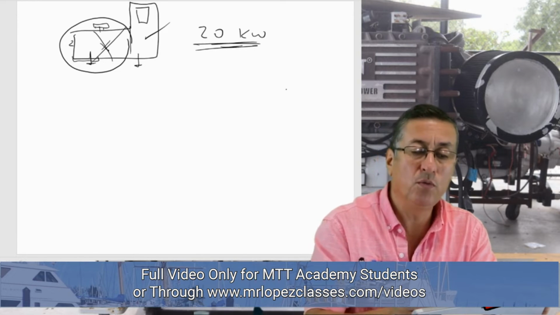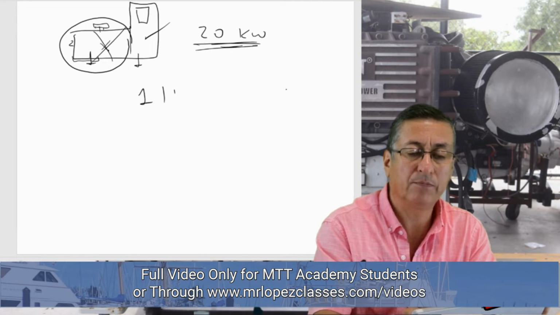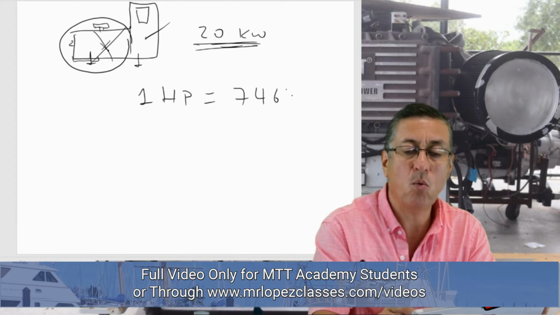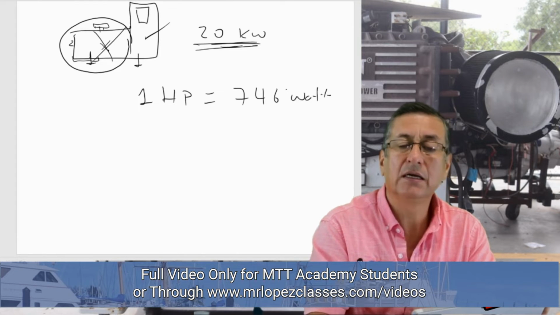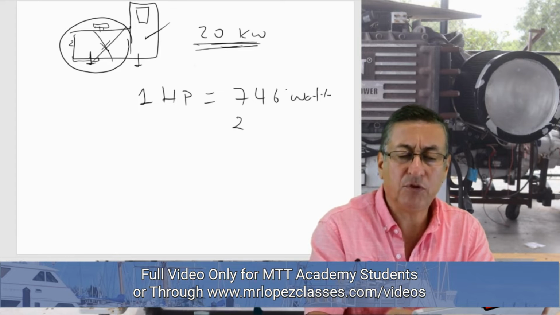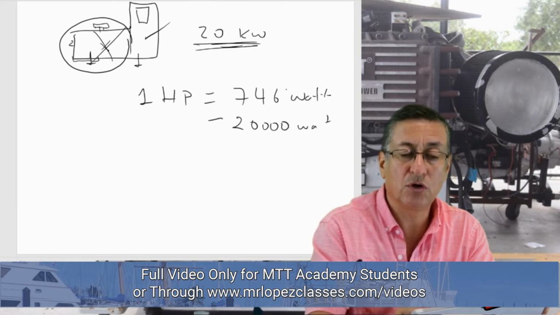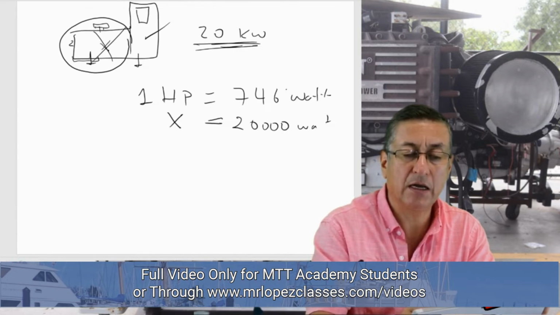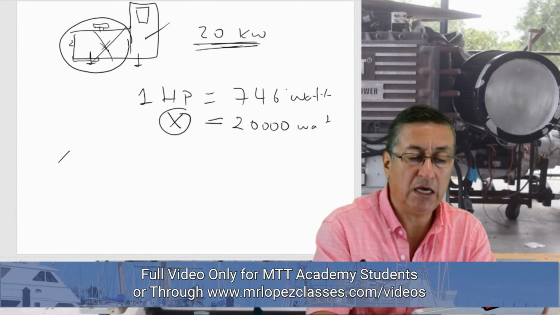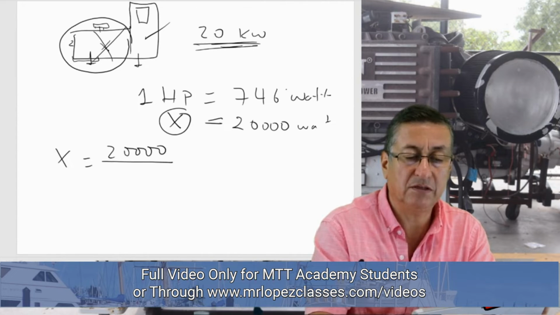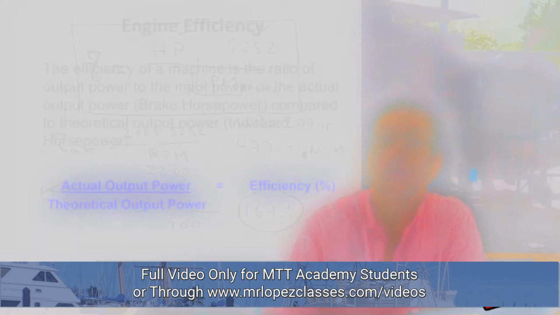You know that 1 horsepower is equivalent to 746 watts. Right now I have 20,000 watts. How much horsepower is that? This is the question. It is 20,000 divided by 746.